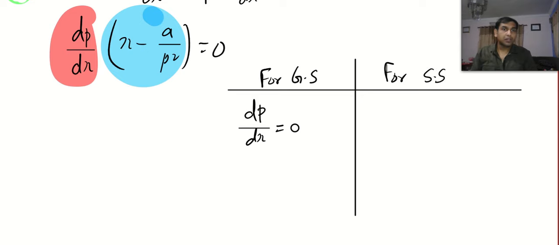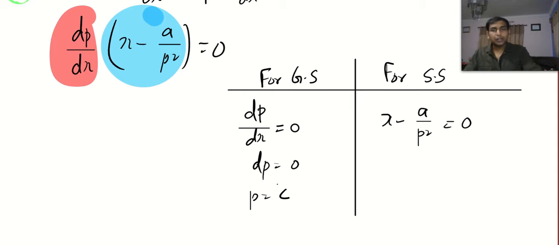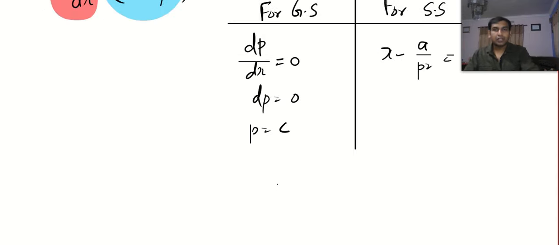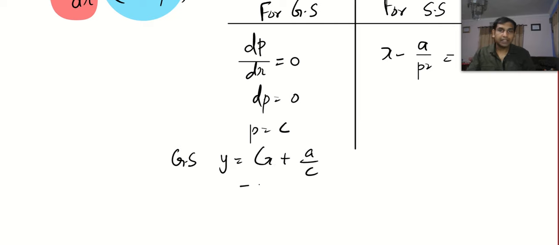For singular solution, use the factor that does not contain dp by dx. And in Clairaut's, you have to evaluate both. So dp equal to 0, so p equal to c. All you have to do is put it in the given equation. So that means the general solution is y is equal to cx plus a by c.